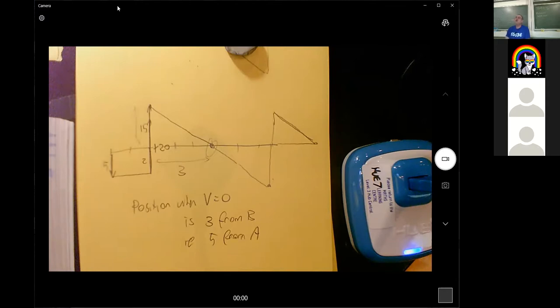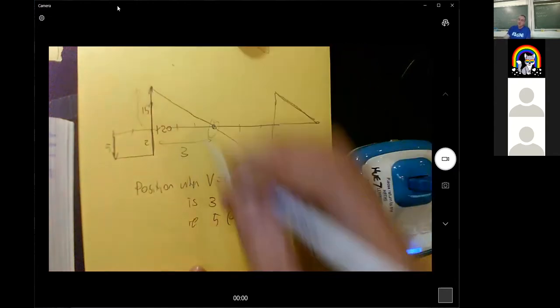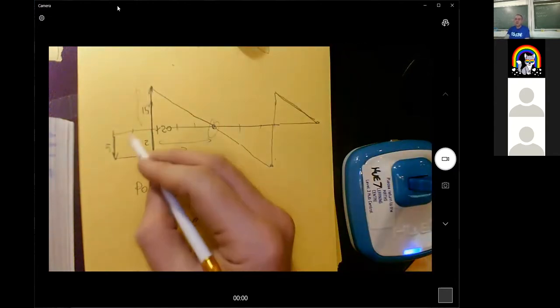The bending moment is the integral of V, isn't it? Is that right? Well, yeah, because V being 0 tells you that the bending moment is at its maximum, which means V must be the derivative of bending moment. So the bending moment at this point should be the area of this.